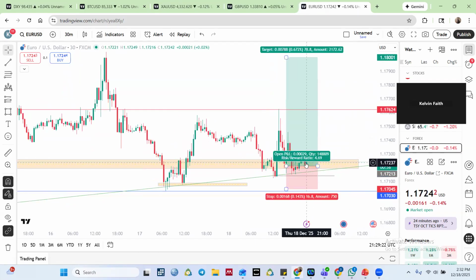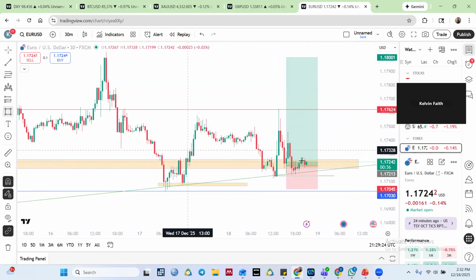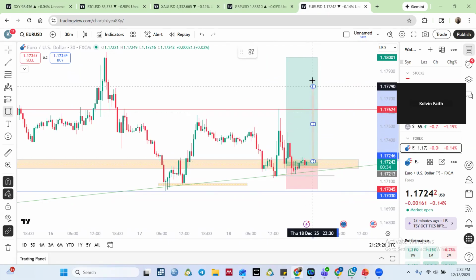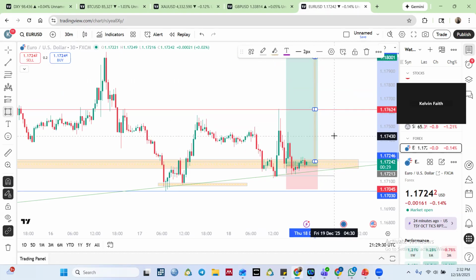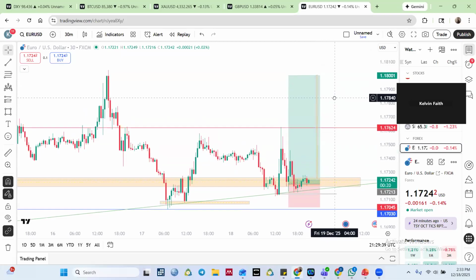But if you take the entry here and it is able to push up and get to the TP up here, you are going to make over $10, which means you are growing your $10, risking like $5. You are going to make maybe more than $10 on this trade.